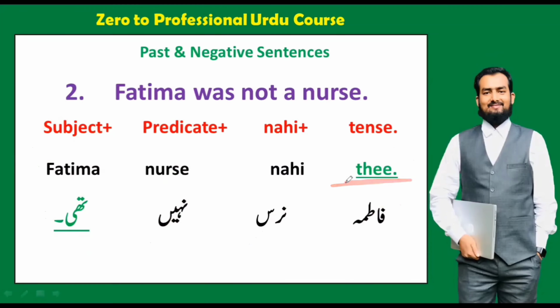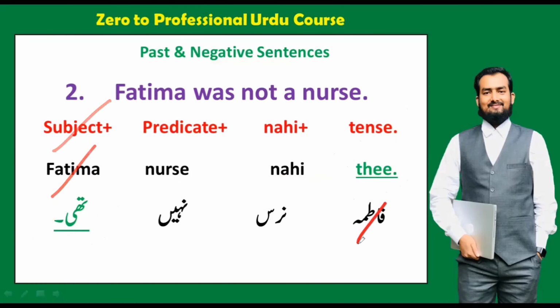If you want to give respect, in this case you can say Fatima nurse nahi thi. Maybe Fatima is elder than you and you want to talk about Fatima. In this case we will say Fatima nurse nahi and then thi. But if you are talking informally or generally, in this case we will say Fatima nurse nahi thi. And this sentence is negative, so we have followed the same structure.